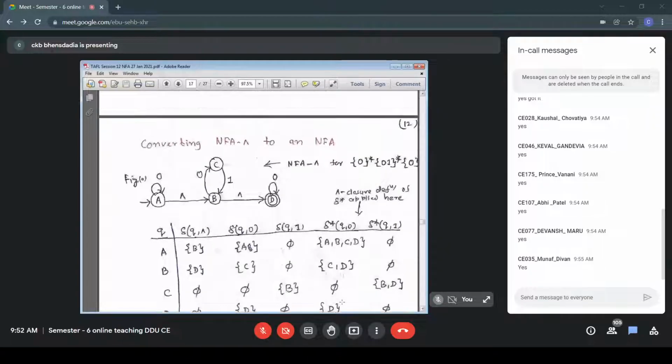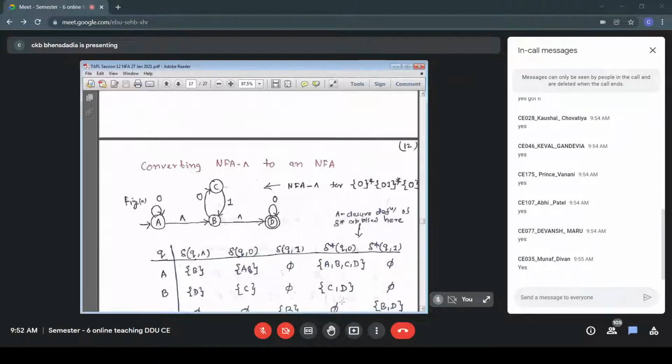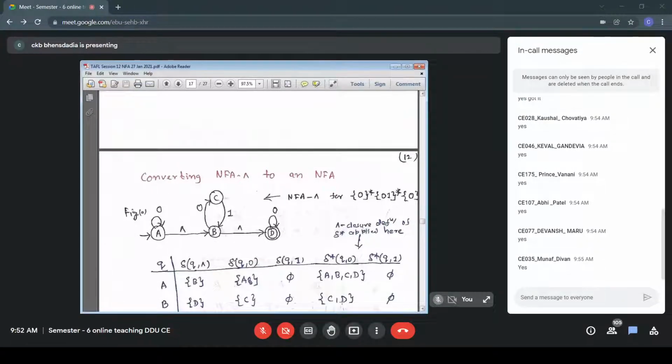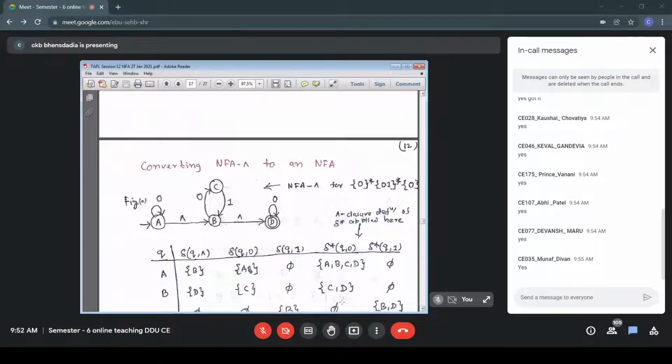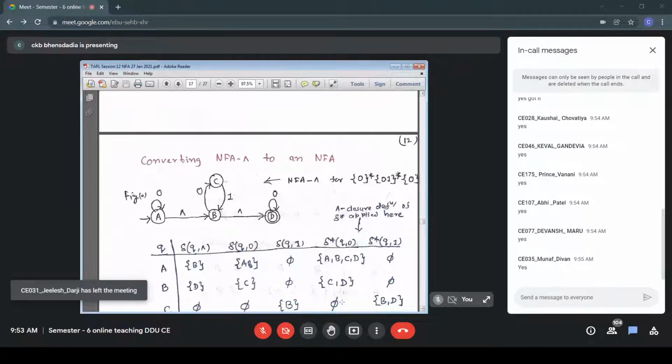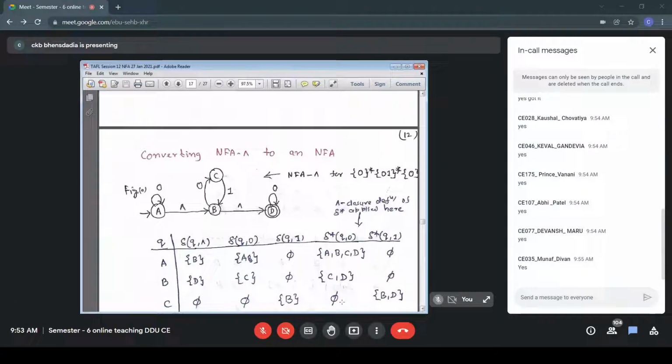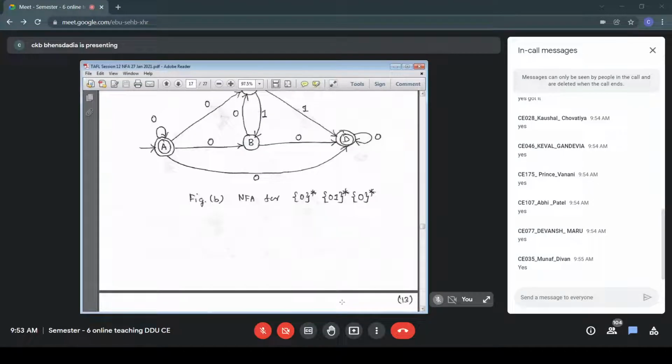Only look at the leftmost column, that is Q, and the rightmost two columns, delta star Q0 and delta star Q1. When we convert NFA to DFA, it's easier if we look at the table. So we copy row number 1, and that is what we have done.